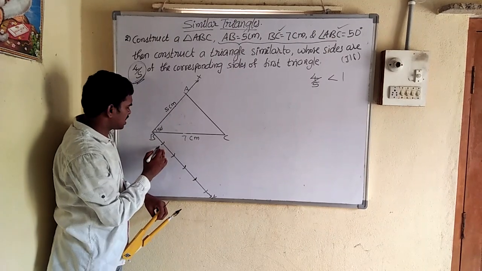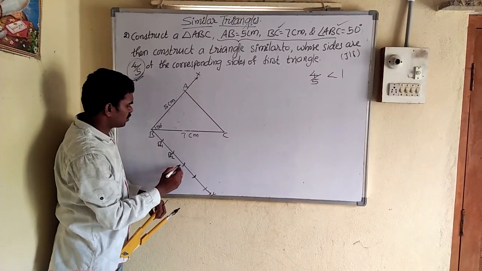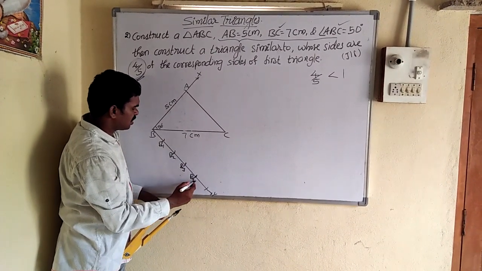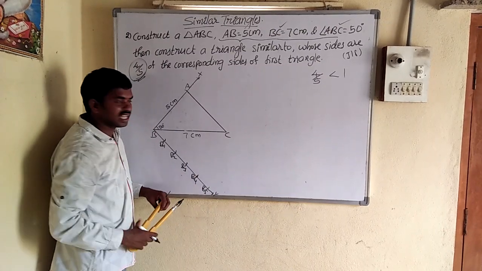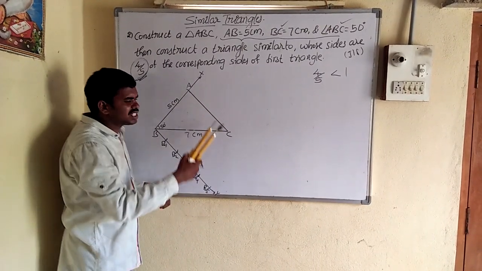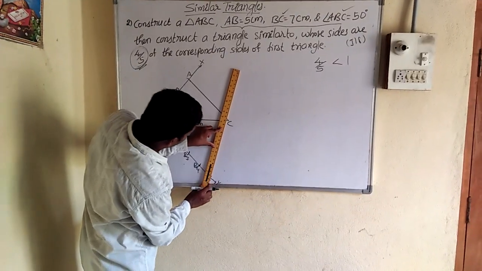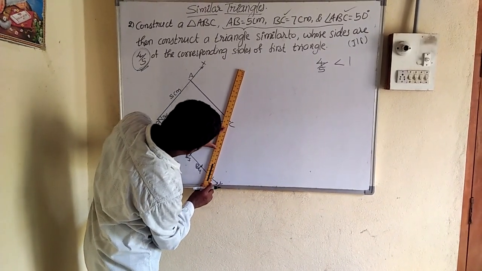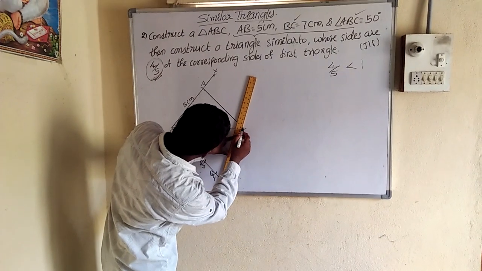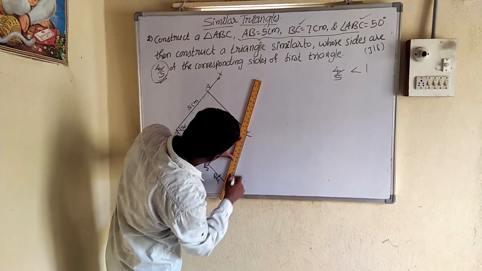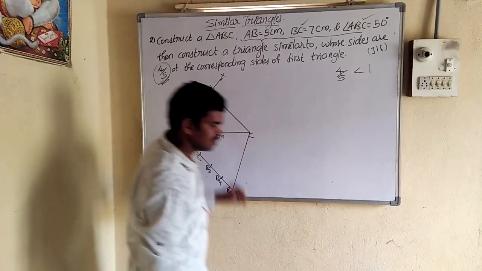This is taken as B1, B2, B3, B4, B5. Next, join B5, C. Joining B5, C. B5C.